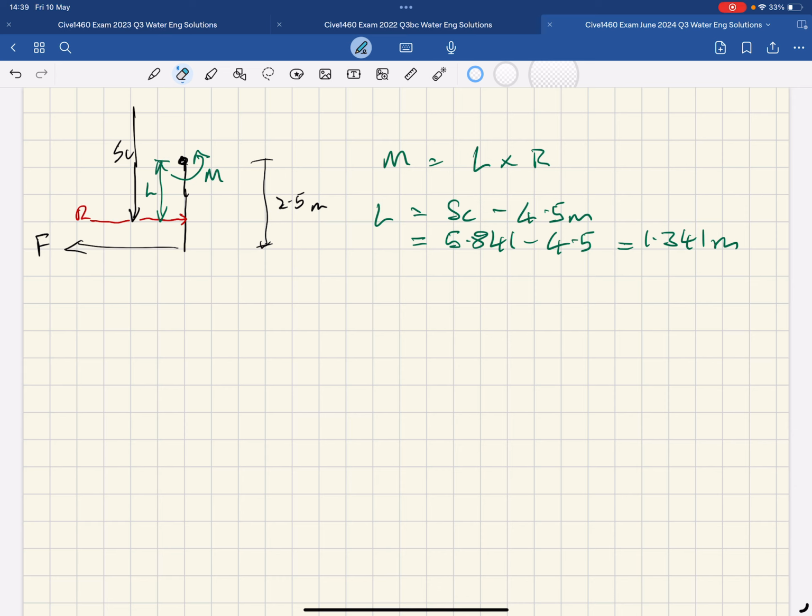Right, so the moment, I'll revert to black here, the moment equals 1.341 times the reaction force, which was 352,200.